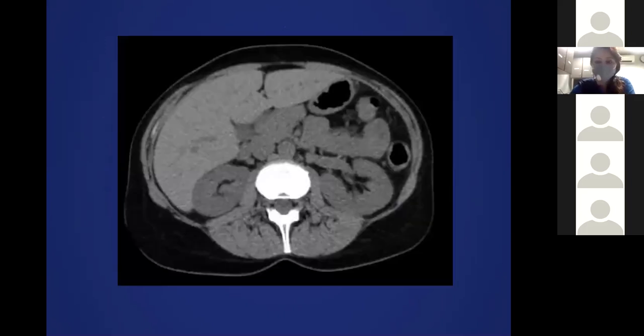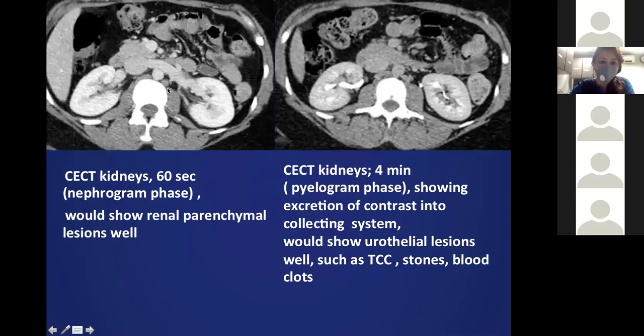This is an image of a CT scan. Here you can see the renal shadows, the gray. This is a CT scan with contrast. You can see the kidneys are looking much whiter as compared to the rest of the organs. This is because of the contrast enhancement. In the first phase, the parenchyma enhances.